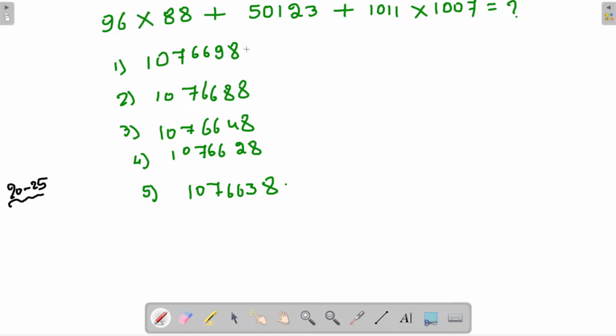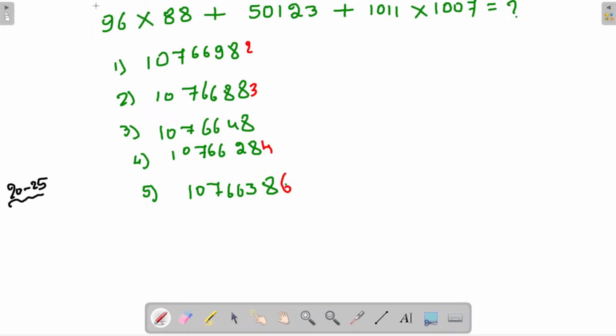Suppose the options are like this: 107666 92, 107666 83, 107666 48, 107666 24, 107666 36. If the options are like this, then I will use another method using the unit place concept.